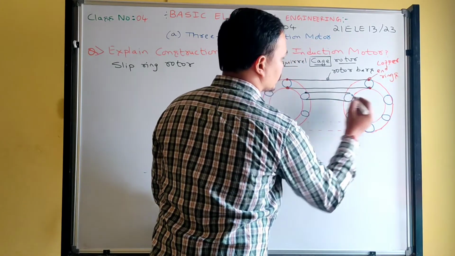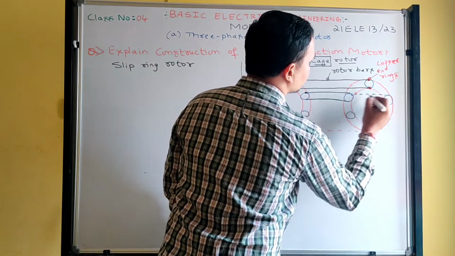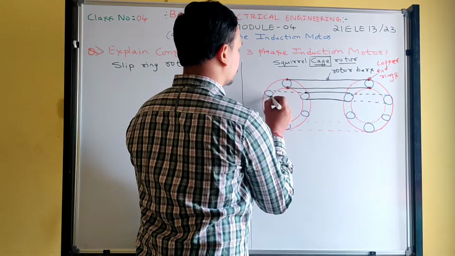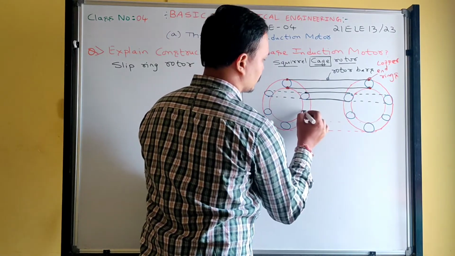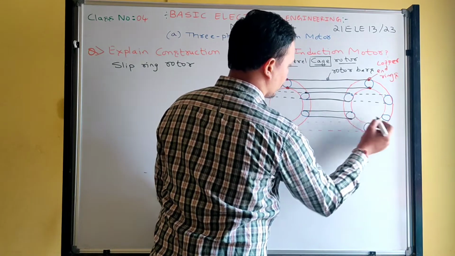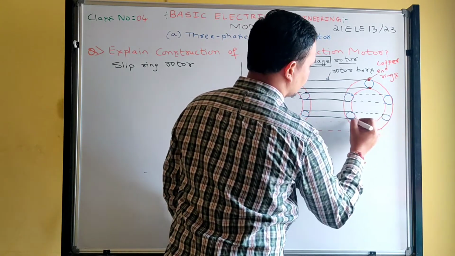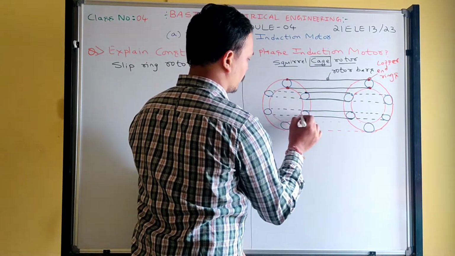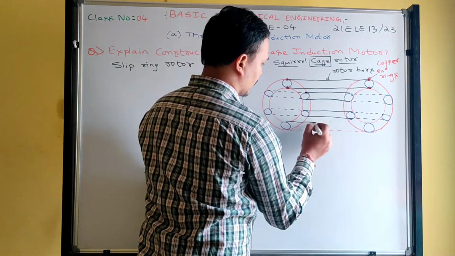This hole is connected to this one, and back end will be like this. This is a back end connection. Okay, and next connect like this one, connect like this, and this will be the back end. Okay, similarly connect last one.